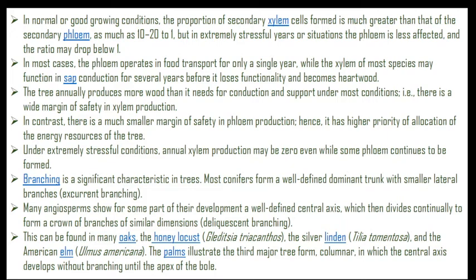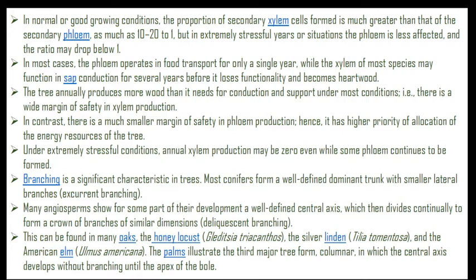Then under extremely stressful conditions, annual xylem production may be zero even while some phloem continues to be formed. Meaning, in a stressful condition annual xylem production may be zero, but the phloem can grow continuously.